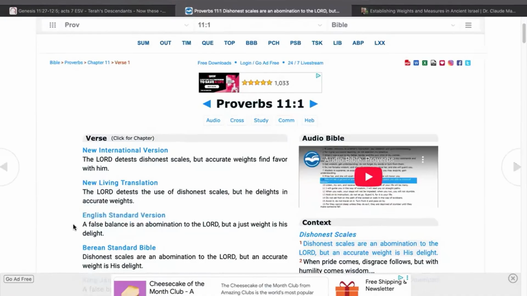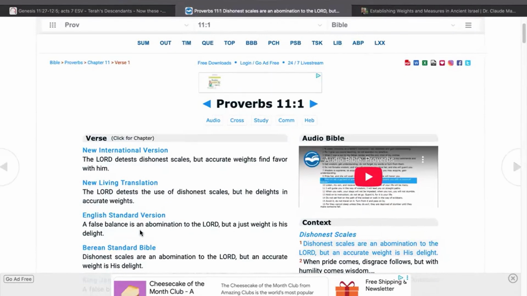All right. So a false balance is an abomination to the Lord, but a just weight is his delight. We'll read the NIV: the Lord detests dishonest scales, but accurate weights find favor with him. The New Living Translation: the Lord detests the use of dishonest scales, but he delights in accurate weights.